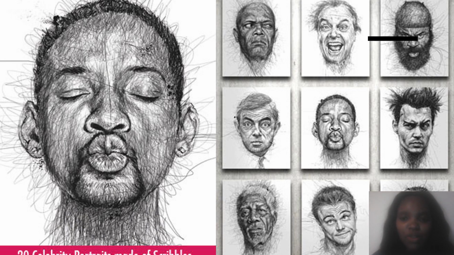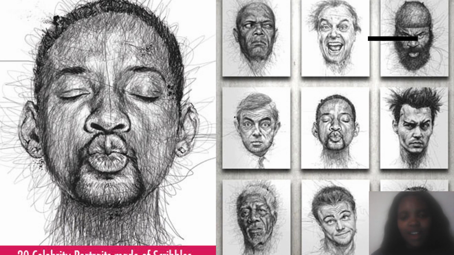We can also see quite familiar faces. We can see Mr. Bean over there, quite the character. We can see that looks like Leonardo DiCaprio. So these are very familiar faces that we are accustomed to. So these are celebrities, right? These are portraits as well.